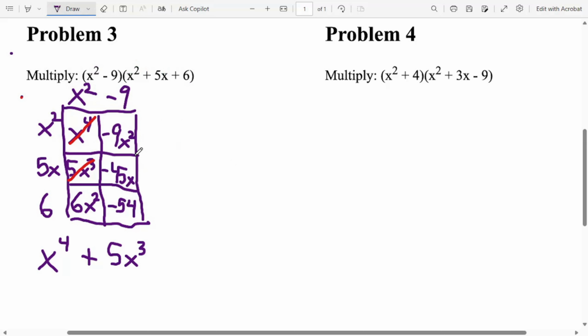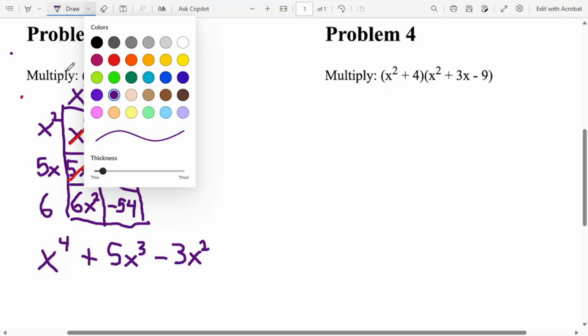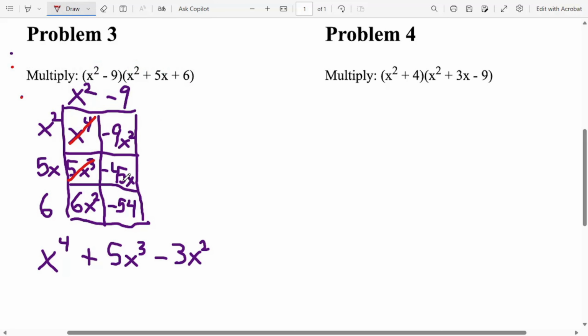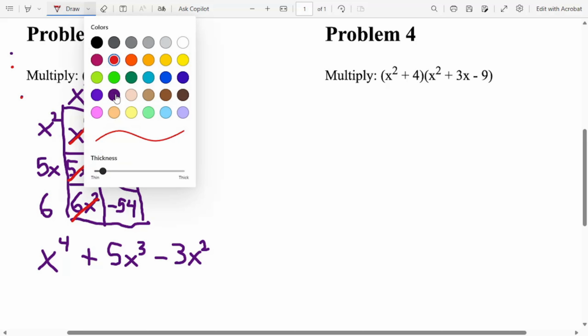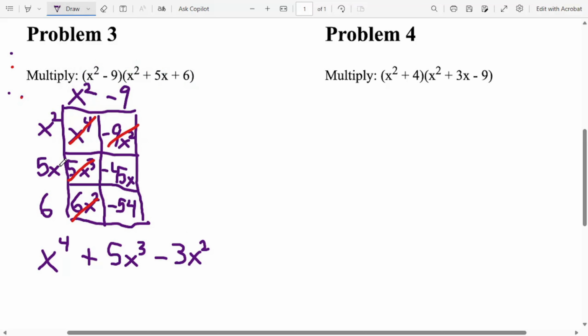Next up, I have a negative 9x squared, and that can add with 6x squared to give a negative 3x squared, so minus 3x squared. Okay, and we'll cross those off. And then I've got minus 45x.